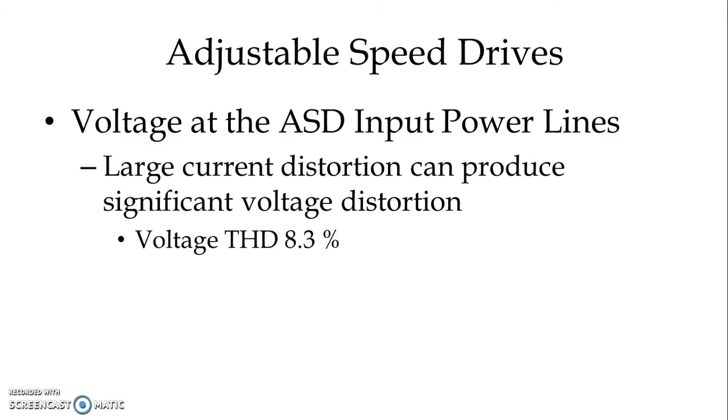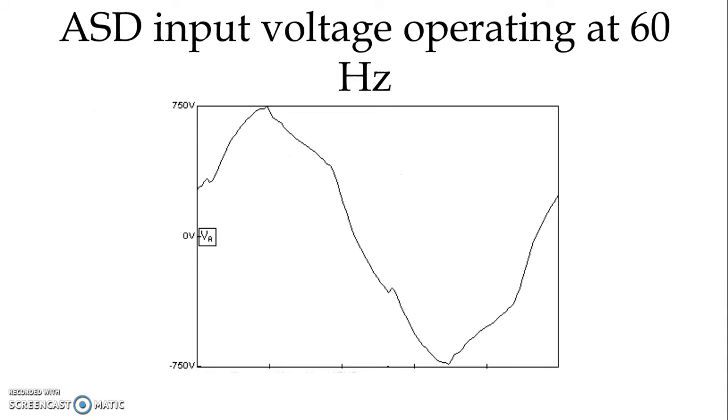That is exactly what we discussed, that current distortion is transformed into voltage distortion. Now we can observe the voltage total harmonic distortion, which is 8.3%, and that is very high in the case of voltage distortion. This waveform is for the voltage harmonic.